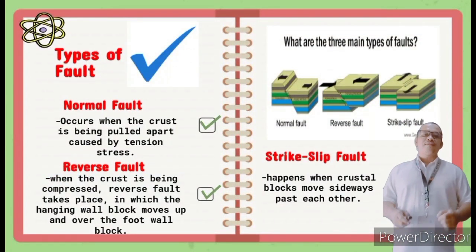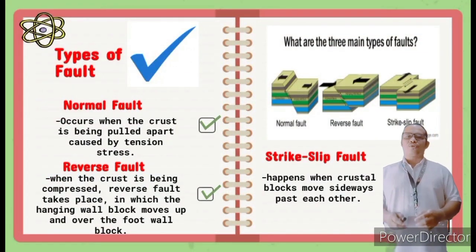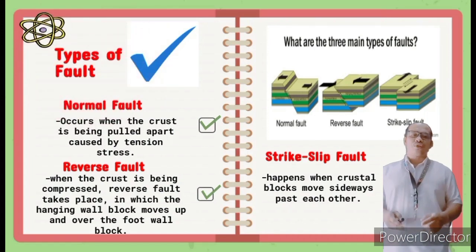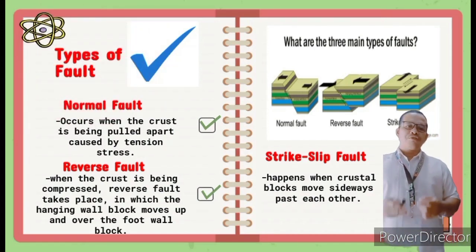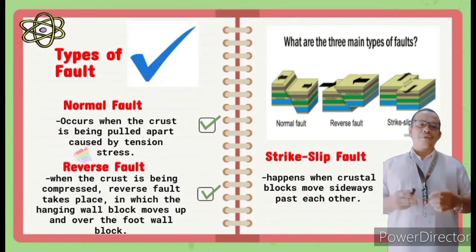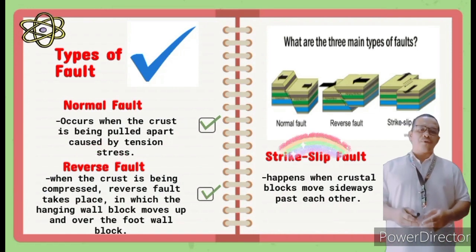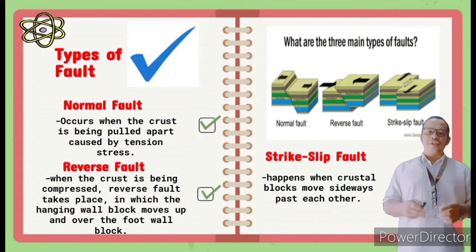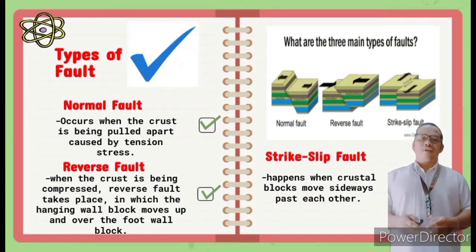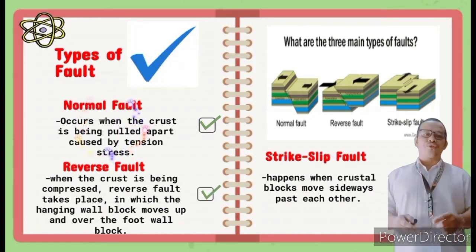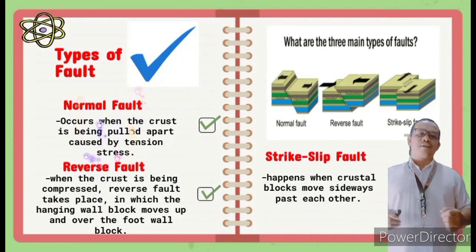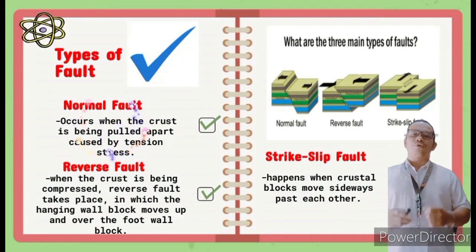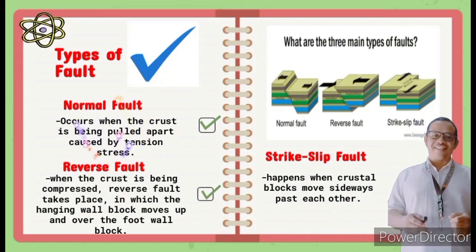There are types of fault also. What are those? Number 1, normal fault. Number 2, reverse fault. Number 3, strike-slip fault. What are the differences between the three? Normal fault is, of course, when the crust is being pulled apart, caused by tension or tensional stress.